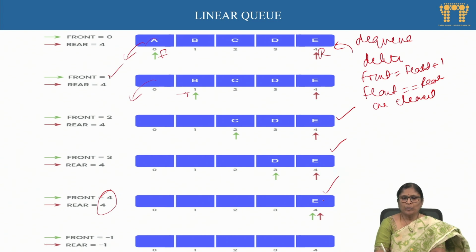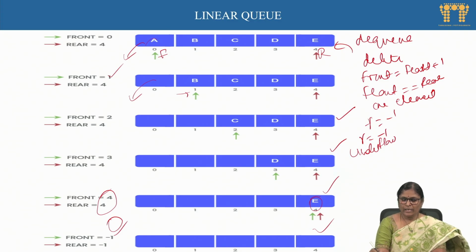So when you perform a dequeue operation and delete it, set front and rear back to -1. Now if I try to perform a dequeue operation again, you cannot; an underflow condition exists. Underflow means your queue is already empty and you still want to perform a deletion, which is not possible.